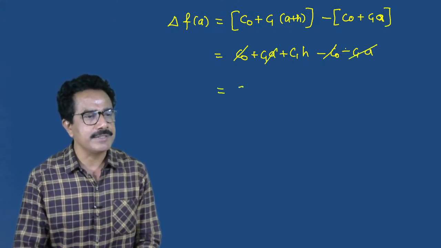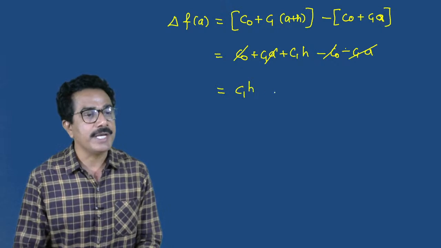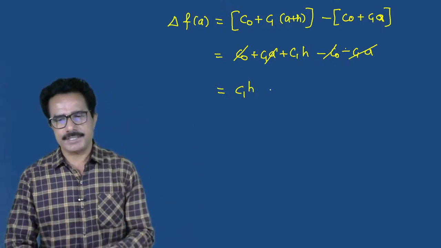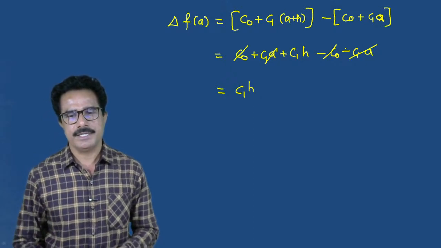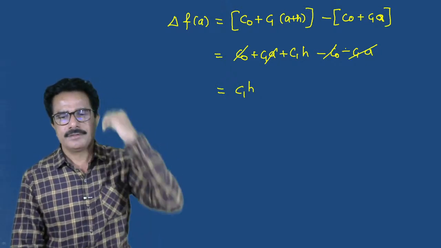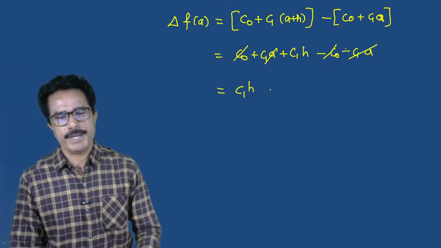The remaining term is C1 into h, which is the constant, and we can obtain the difference in this way.